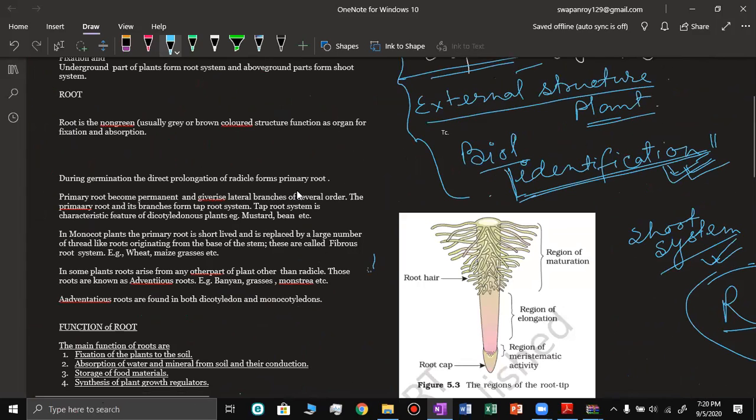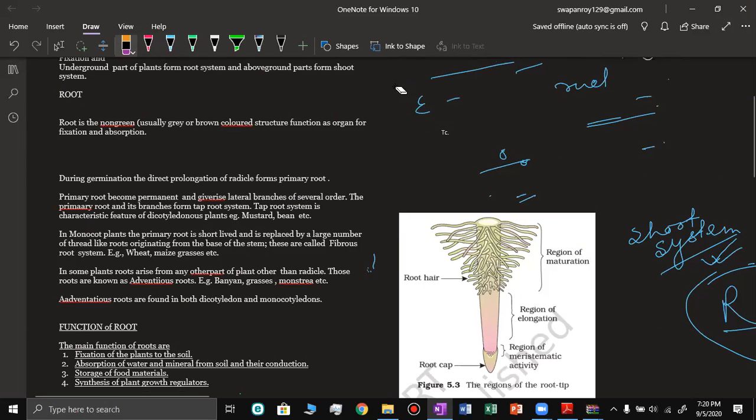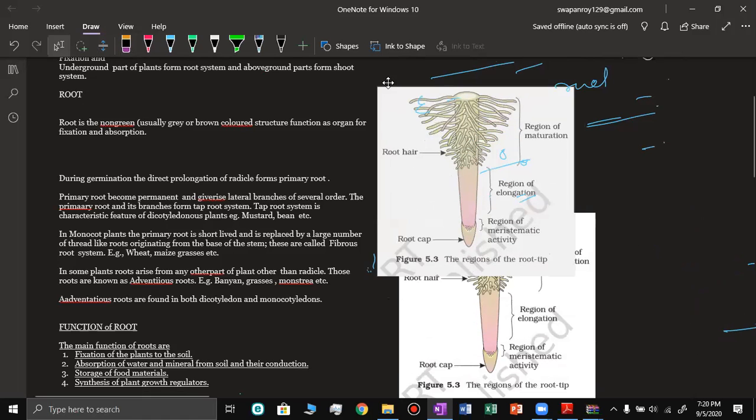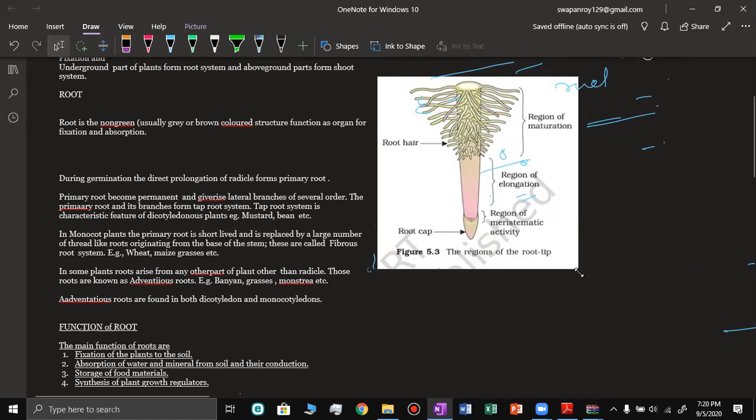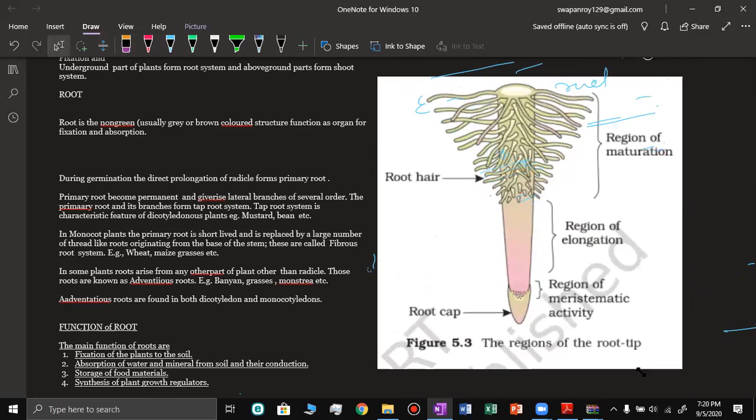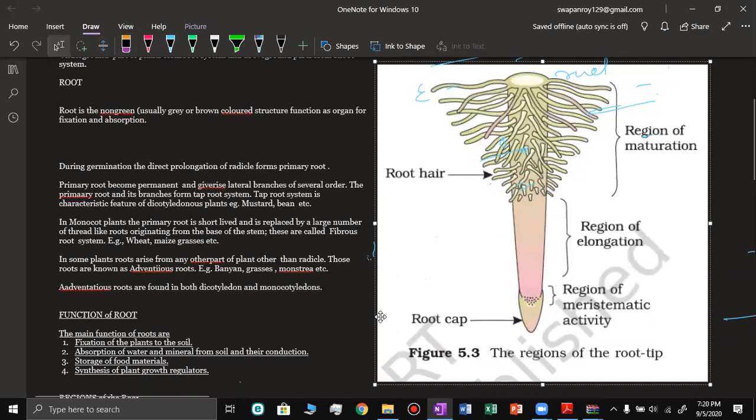Here is a diagrammatic representation of the root. Only the growing portion of the root is being shown.